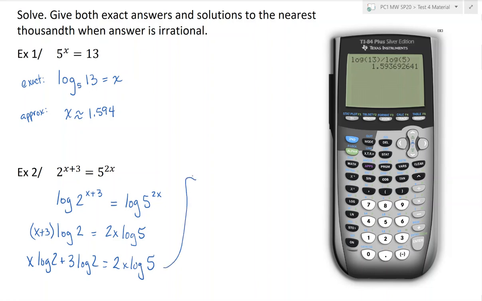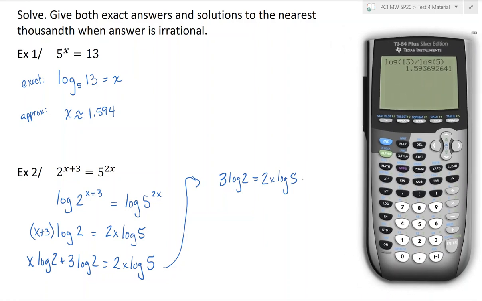And then I'm going to get my x's on the same side, so I have 3 log 2 equals 2x log 5 minus my x log 2. And now that I have my x's on the same side, I factor out that x to get it away from the other things that are with it. And now I can divide by 2 log 5 minus log 2.